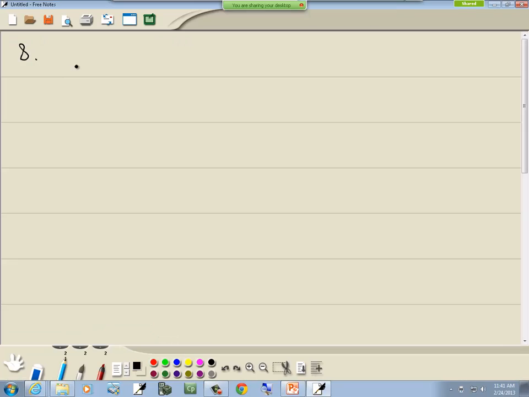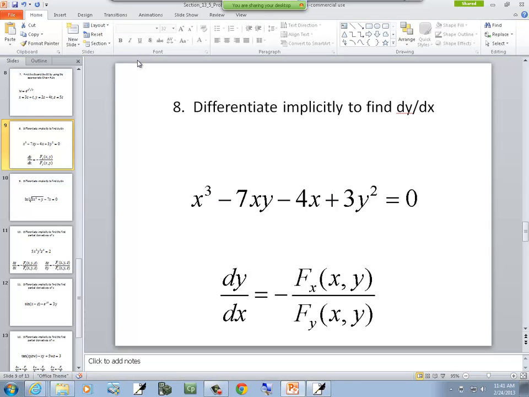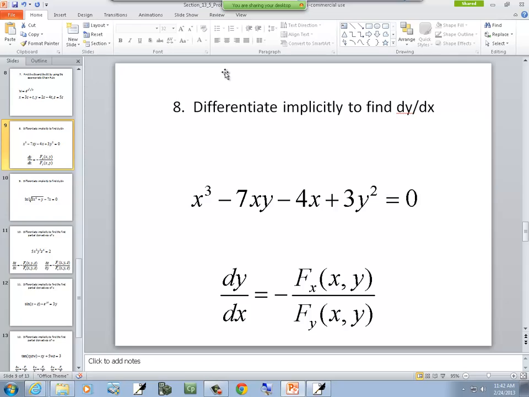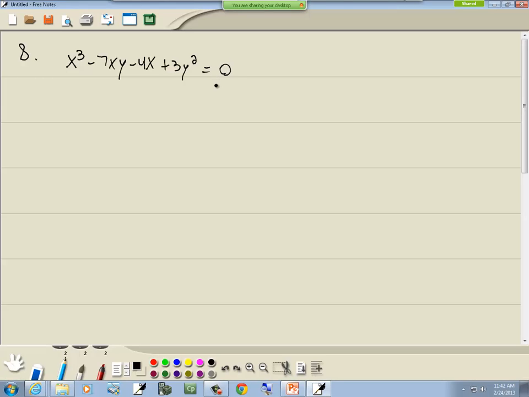And we got x to the third minus 7xy minus 4x plus 3y squared is equal to 0. Now the key is you have to get a 0 on one side. It doesn't matter which side. And if you do, then the other side is going to be our capital F.